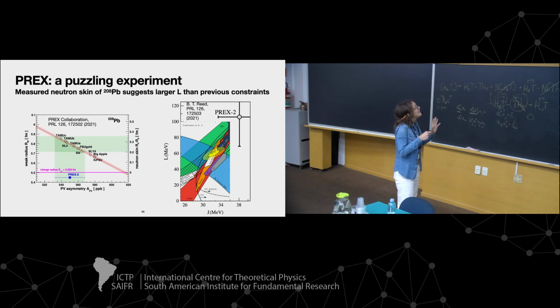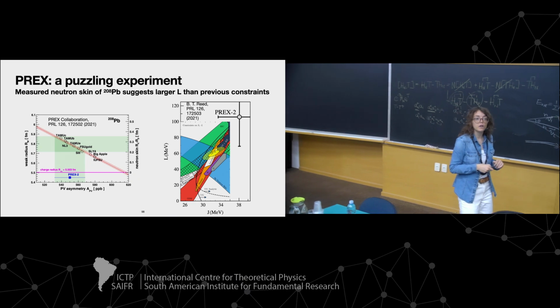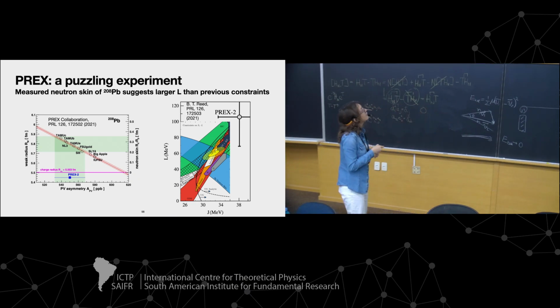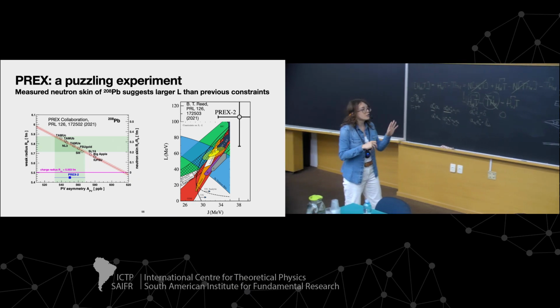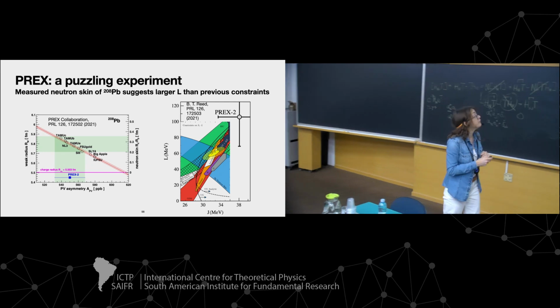And if we translate this value for the neutron skin into constraints on the symmetry energy parameters, so L and J, we actually notice that the value for L is way higher with respect to the one we were seeing before. So from the ab-initio calculations in calcium-48, for example, we were getting something below 50 MeV.